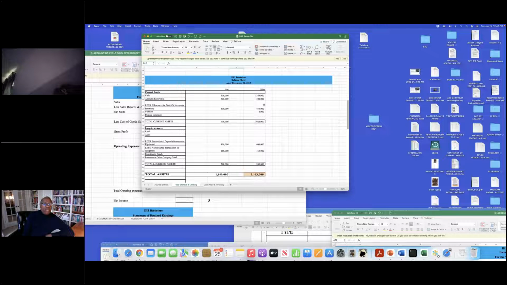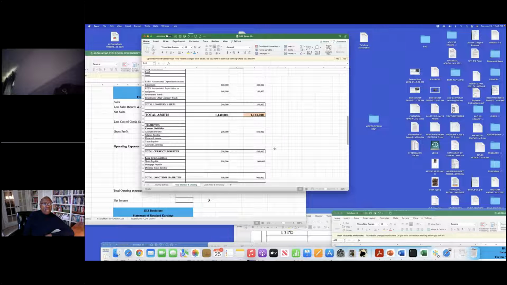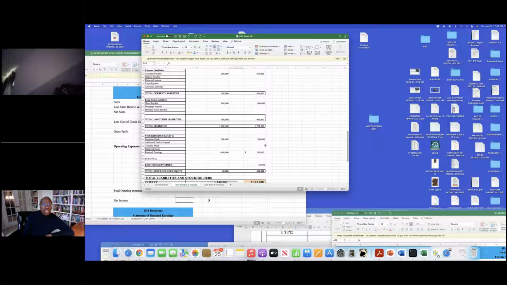Okay. Then we put the liabilities in. Then we put in the common stock, the new retained earnings, not the old one, but the new one, less the treasury stock. And that's how they went from 1,140 to 2,163.